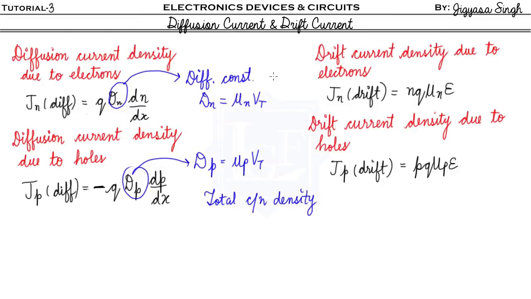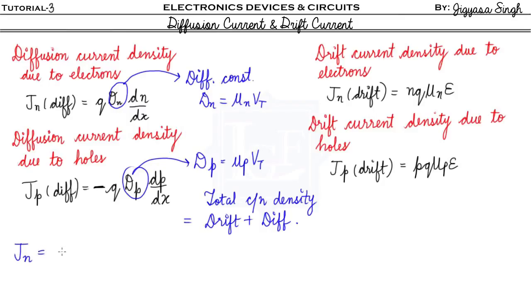The drift current and the diffusion current. So I'm saying that it will be drift plus diffusion, right? So let's write the total current due to electrons.